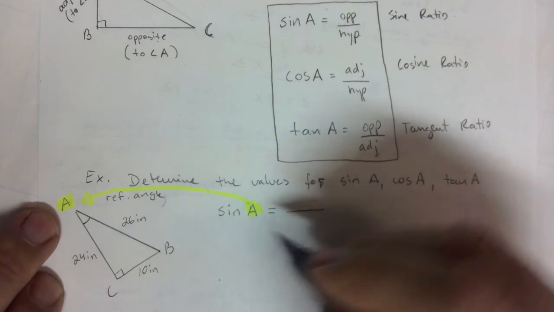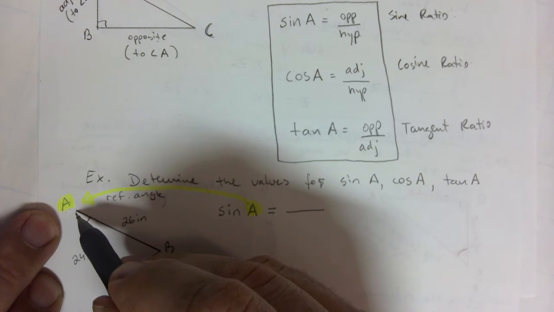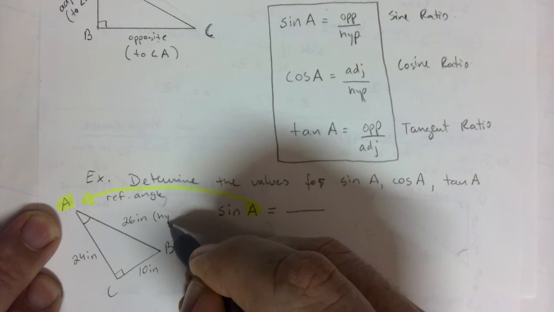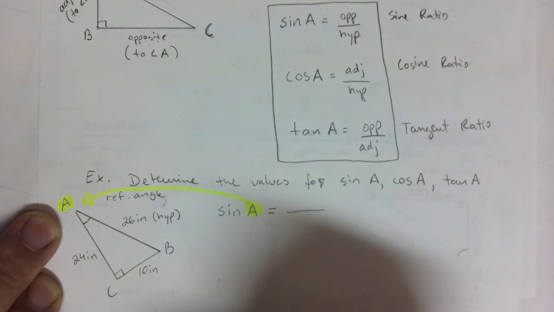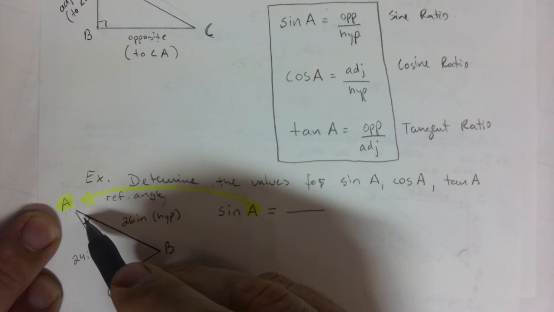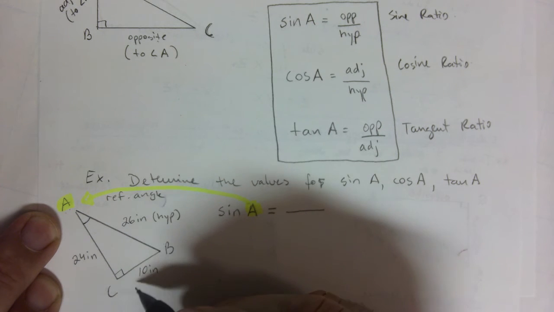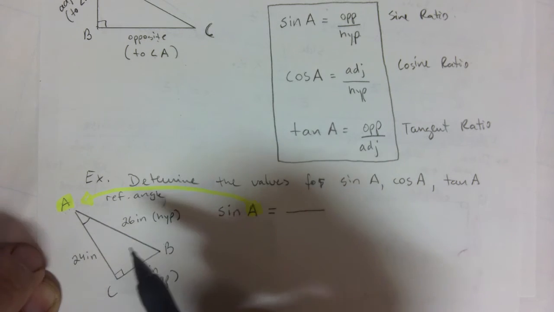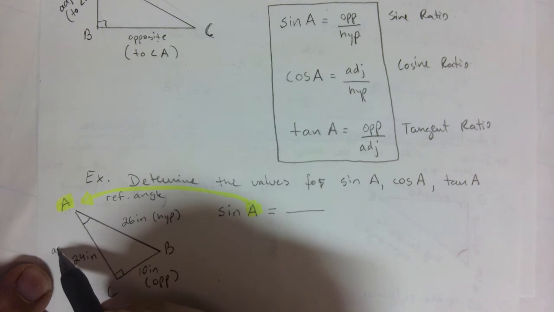So let's label based on this. I know that across the 90 this is the hypotenuse. That doesn't change. Across angle A, this is called the opposite side, and this must be the adjacent. Poor adjacent always gets left last, right?